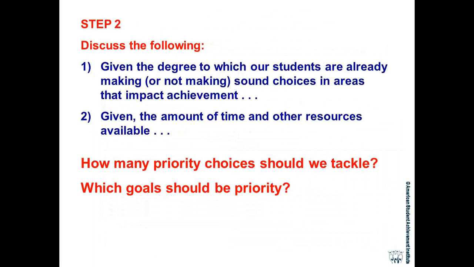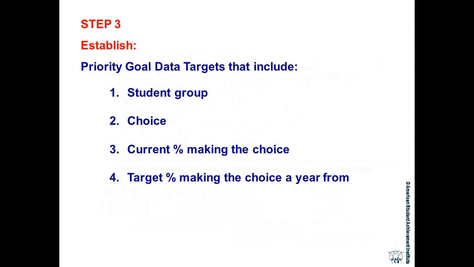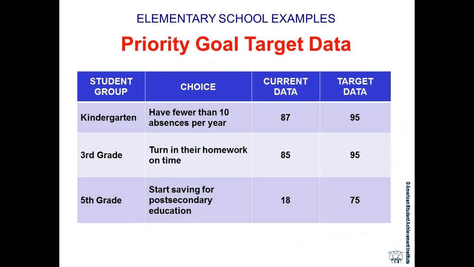Okay, so the second part of the meeting is after we know how we're going to expand our resources, then we want to come down and look at the reality of the goals. We're going to create a subset of all of your goals that are going to become the priority goals. So here are the givens.